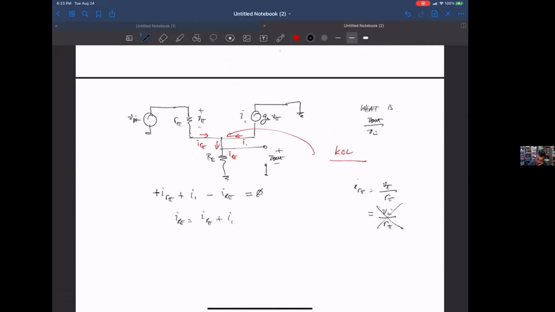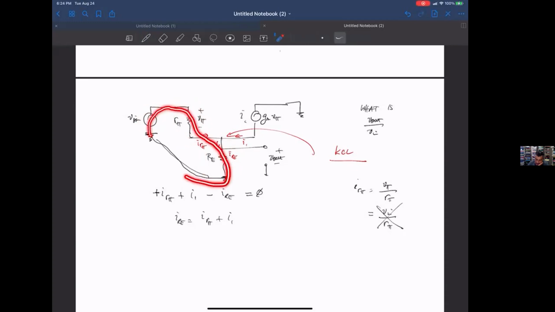Because notice here, when you're doing KVL, this is ground and this is ground, so these two nodes are connected together. So the KVL here is this Vin plus the negative value of V sub pi plus the negative value of Vout has to be equal to 0.